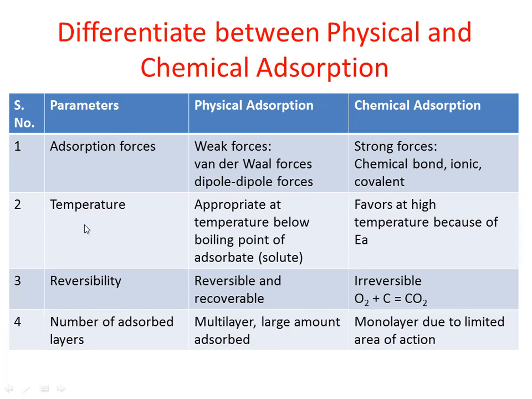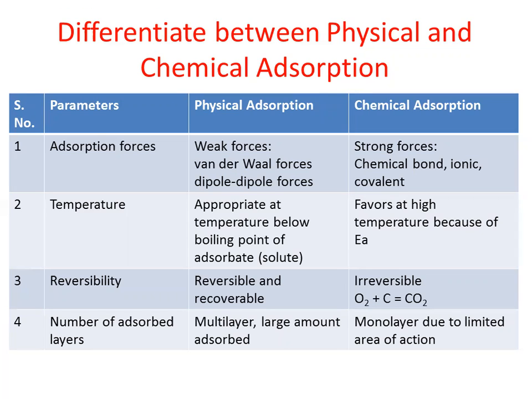And the second one is temperature. Physical absorption is appropriate at temperatures below the boiling point of the adsorbate, because no activation energy is required in physical absorption. Why should it be below the boiling point?